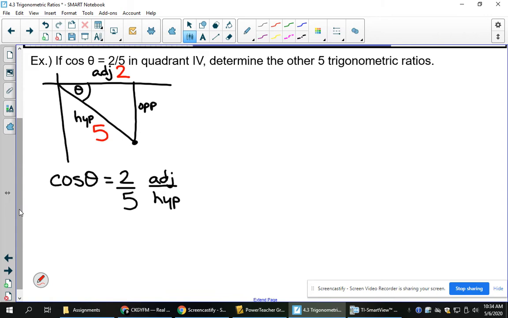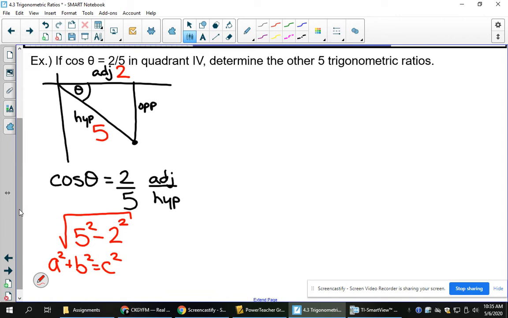A little bit different than what we've been working with, but we still have Pythagorean theorem to figure out the opposite side. If we're given hypotenuse, however, remember Pythagorean theorem changes to be c squared minus b squared equals a squared. Send me an email if you need help with the rearranging of the Pythagorean theorem for that.